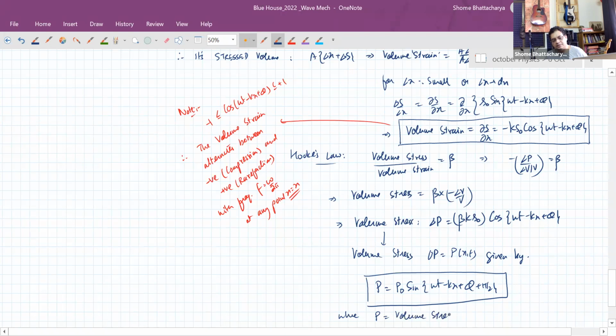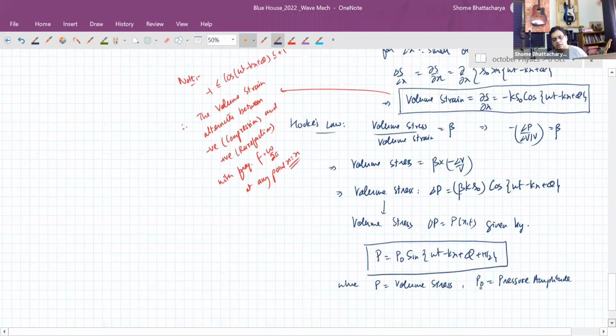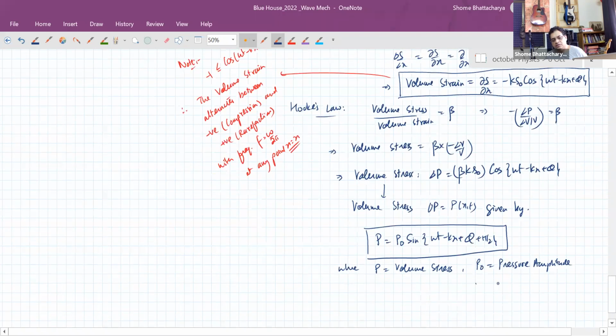It is not the net pressure. P naught is what we call the pressure amplitude. And omega is 2 pi f, where f is the frequency of the source.